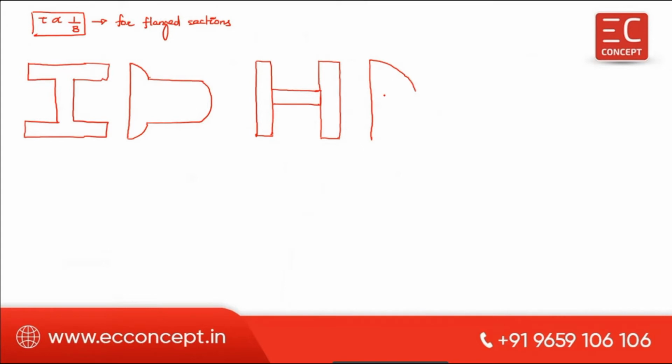But at this position, the shearing stress is less. Why? Because width is more. Therefore, it will be something like that. Always this is a parabola. This also parabola. This also parabola.